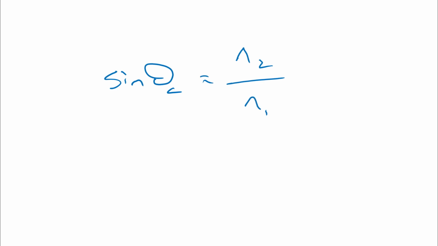So remember, n is just the refractive index, which is a way to state how much a medium will refract, will bend the light when light passes into it. It's actually given by the speed of light in a vacuum divided by the speed of light through the medium. But anyway, so we have refractive index 2 divided by refractive index 1, and the question says, will n2 be the refractive index of glass or the refractive index of water?